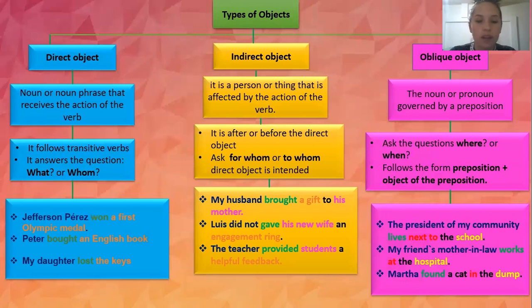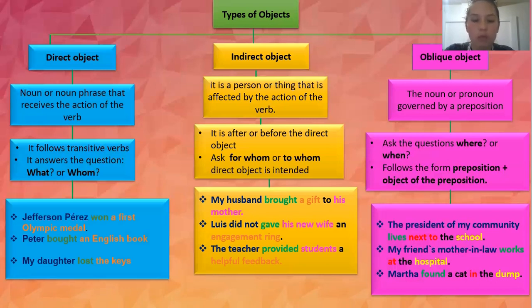To identify the direct object, we can just follow two simple tips. The first tip is that you have to take into account that a direct object follows transitive verbs.